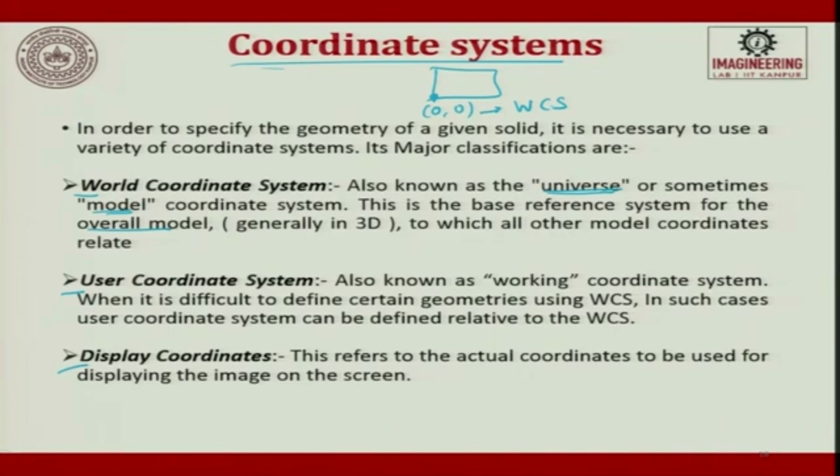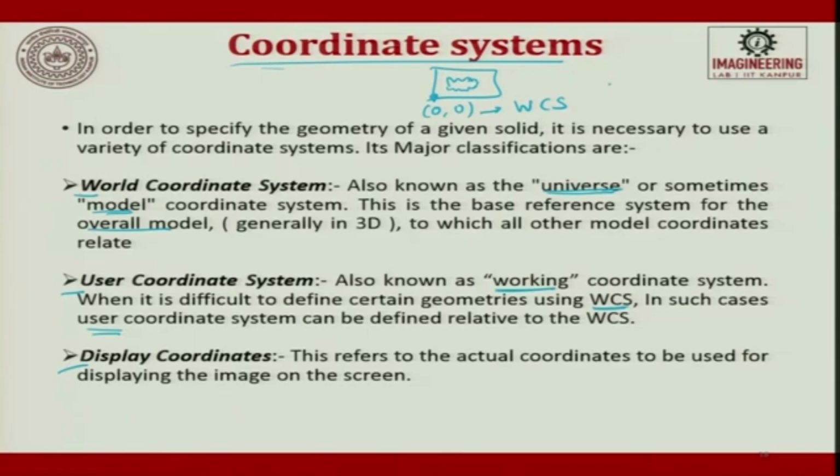The other one is called the user coordinate system, also called the working coordinate system. When it is difficult to define certain geometries using the world coordinate system, we use the user coordinate system. Suppose this is the world coordinate system, and I am drawing an object like this.